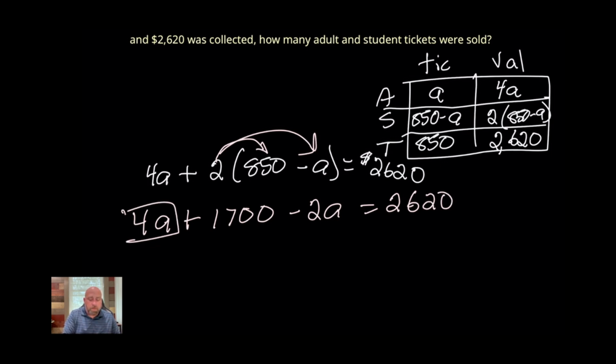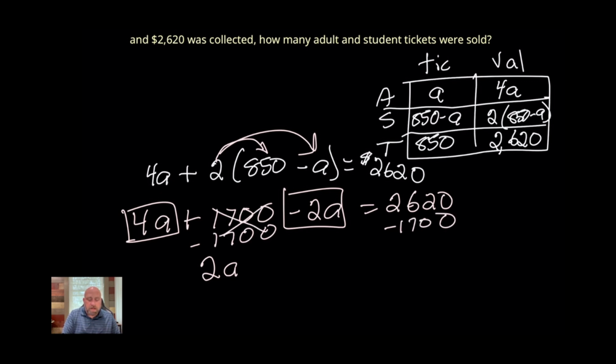You have a 4A and a minus 2A, so you end up with 2A. 4 minus 2 is 2. And then you subtract 1,700 from both sides. That cancels out. We end up with equals this right here, and that gives us 920.